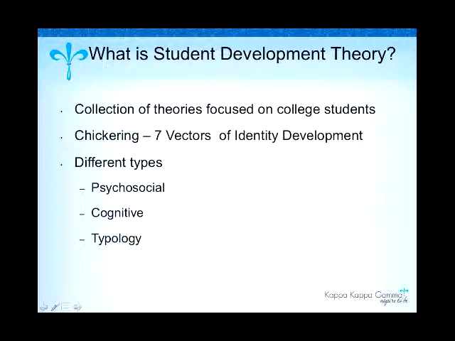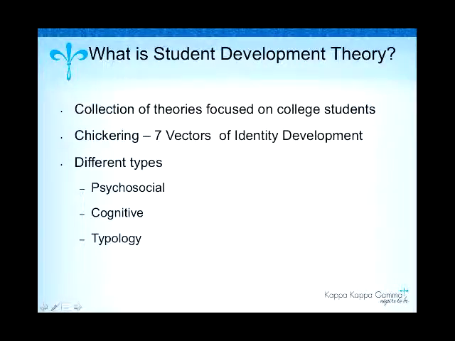The fifth vector is establishing identity. This is, again, an area that we probably see play out with some of our advisees and chapters. This identity is the comfort with body and appearance, comfort with gender and sexual orientation, self-acceptance, and self-esteem.